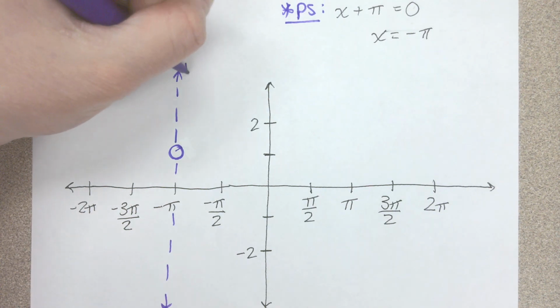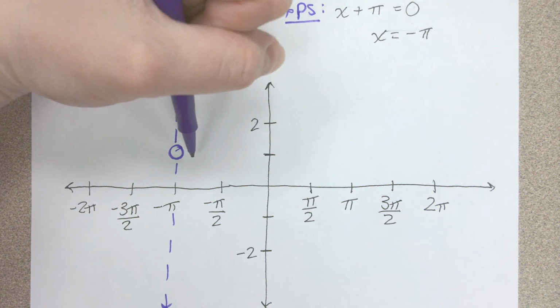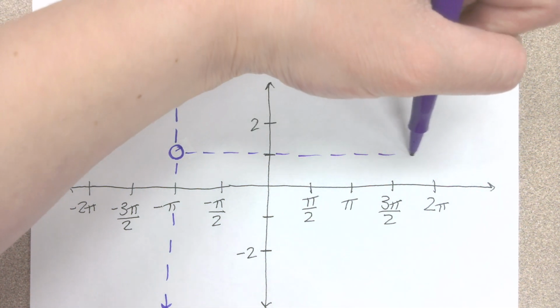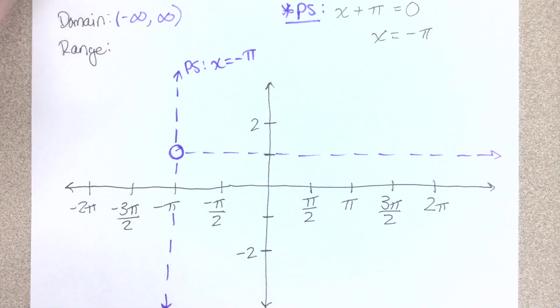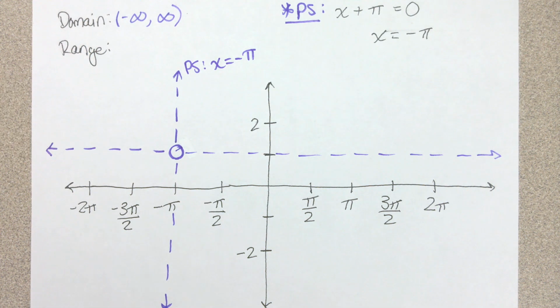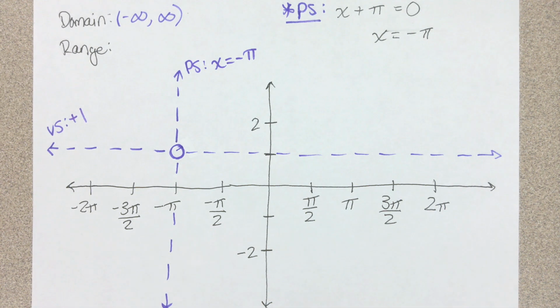Vertical line represents my phase shift of x equals negative pi. Horizontal line represents my vertical shift of plus 1.